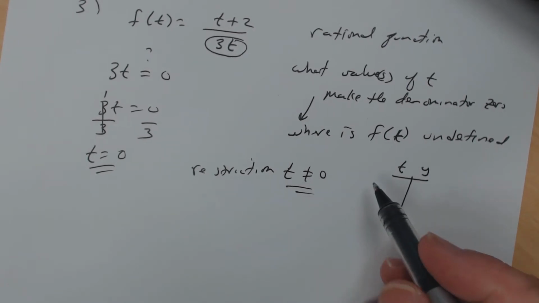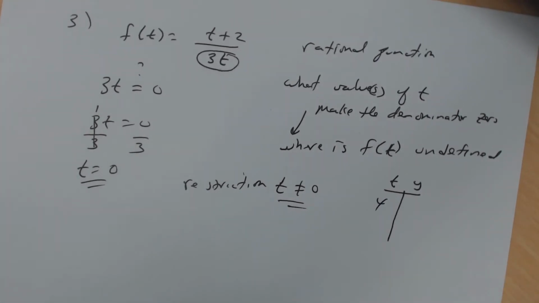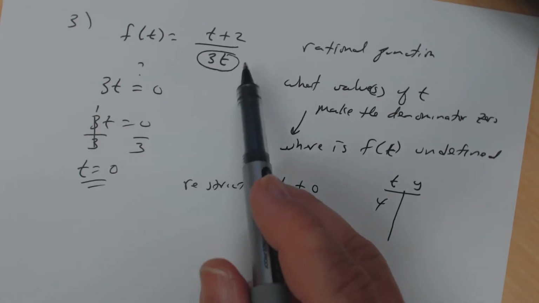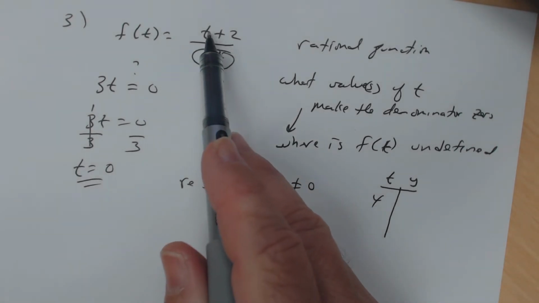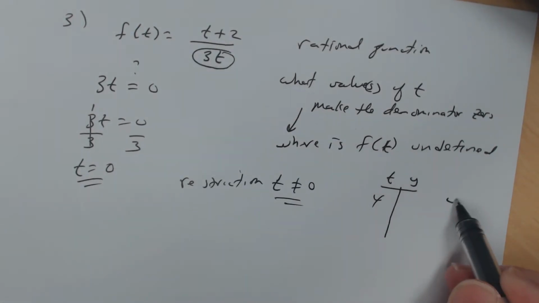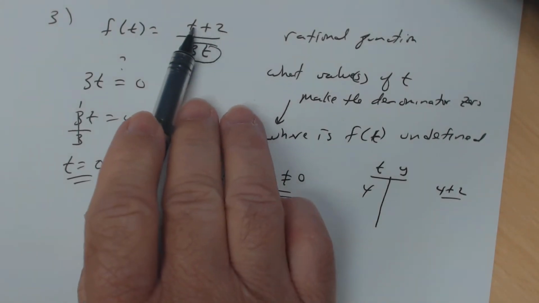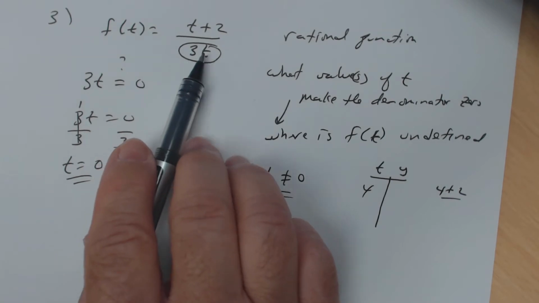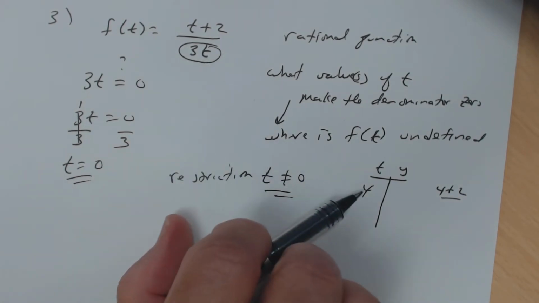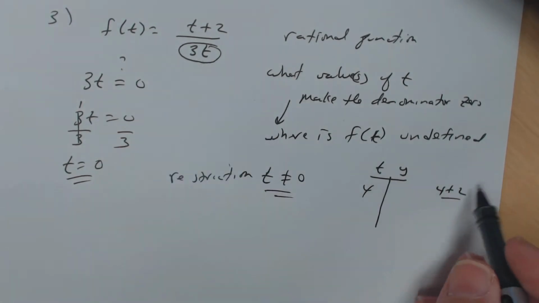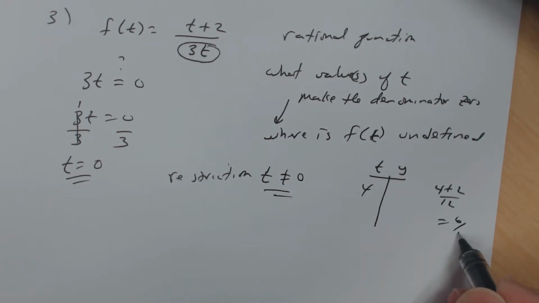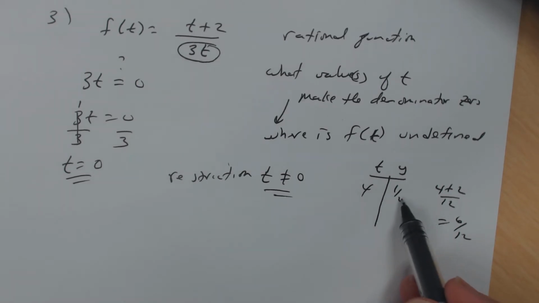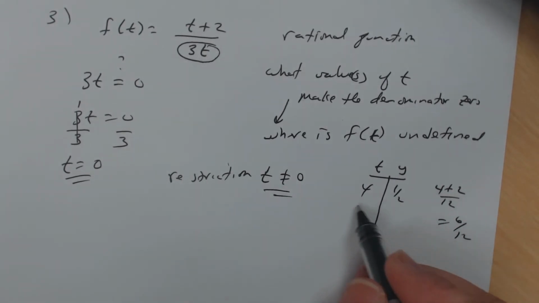So if t is let's say 4, I'm making this up, and wherever I see a t, I plug in 4, I'm going to get 4 plus 2 divided by 3 times 4, which is 6 over 12, so I get a half. So when t is 4, I get a y value back, a half.